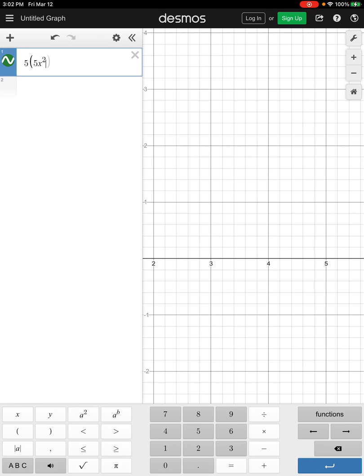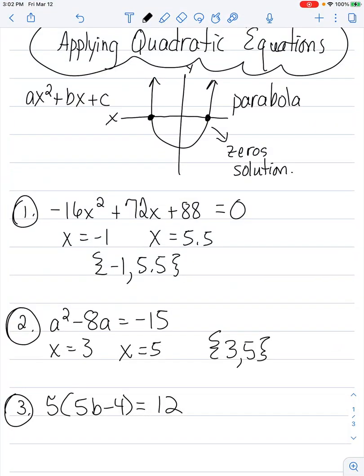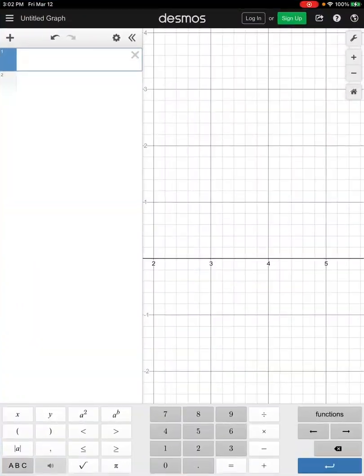I may have written that wrong. Actually, I think I left out an x. Let me go back in my notes and rewrite that. Yes, that should be 5b times 5b minus 4. Sorry about that. All right, so 5x times parenthesis 5x minus 4, closing parenthesis, equals 12.